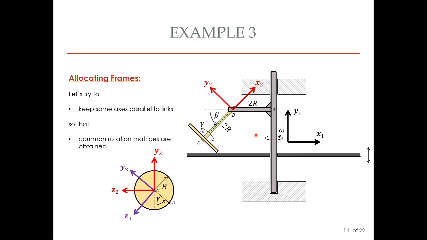When beta is growing, we are getting this rotation. If you follow the direction of rotation, or this direction of beta, your thumb is aligned with the z1 axis, so it's a positive z rotation.